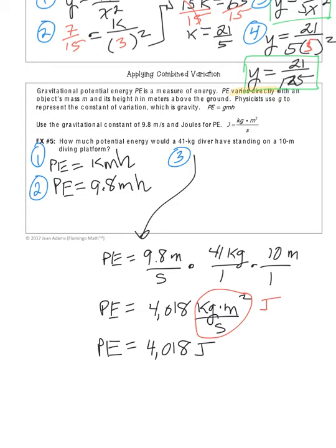So therefore, the potential energy would be 4,018, I guess capital, joules.